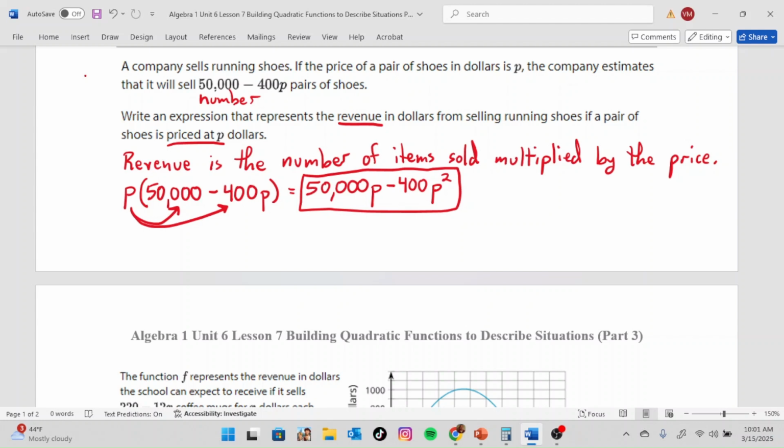So now we can take any price, substitute it in for P, and find out how much revenue they would make. And by doing that, we can figure out the best price to sell the most shoes and generate the most revenue before we would start losing sales because of the price being too high and the revenue coming back down.